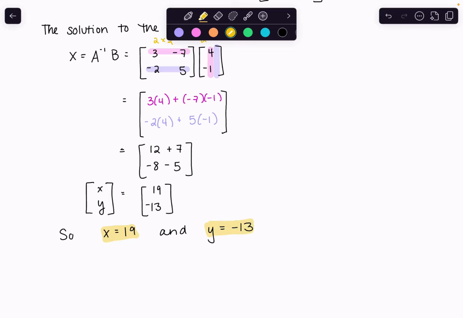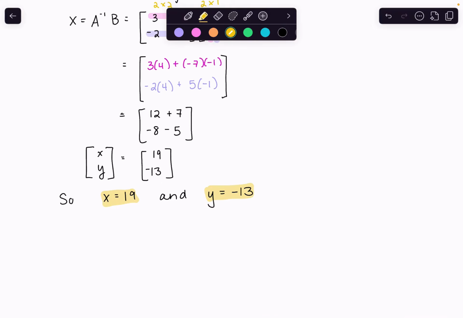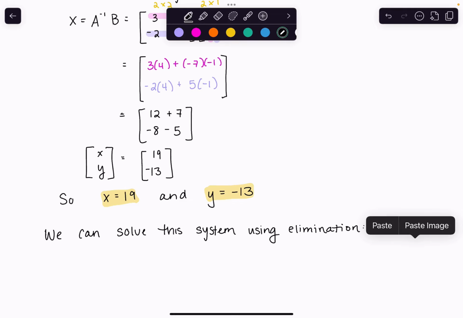Okay. And then again, just to show you that I'm not being inaccurate with this, let's go ahead and solve the system as we would without using matrices. So we can solve the system using elimination too. So our system that we started with was 5x plus 7y equals 4, and 2x plus 3y equals -1.